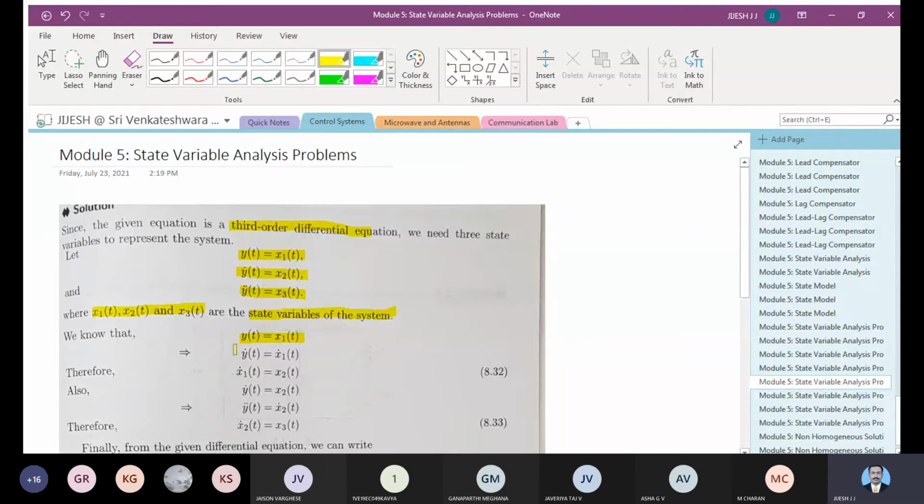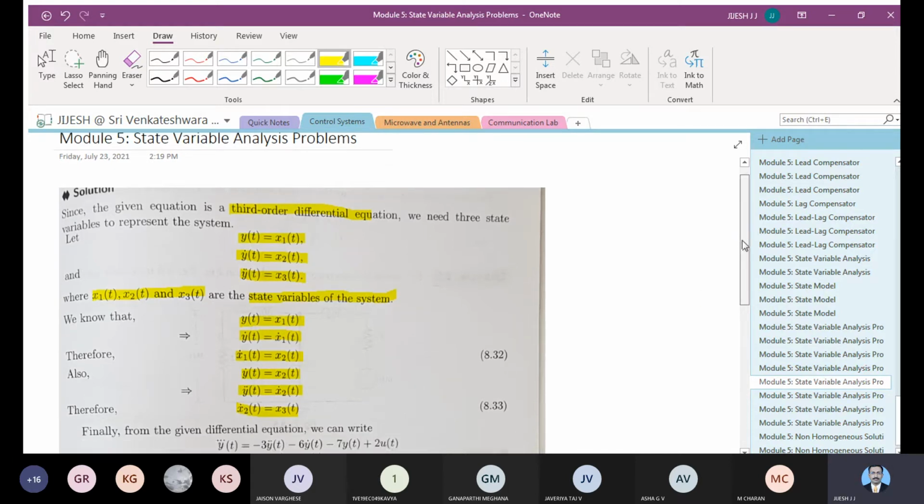So I can rewrite this: y dot of t can also be written as x1 dot of t, and x1 dot of t is the same as x2 of t. Similarly, y dot of t can be written as x2 of t, y double dot can be written as x2 dot of t, or x2 dot is equal to x3 of t. So we get two equations basically, that is x1 dot of t is equal to x2 of t, and x2 dot of t is equal to x3 of t.